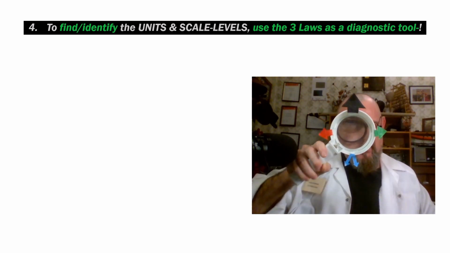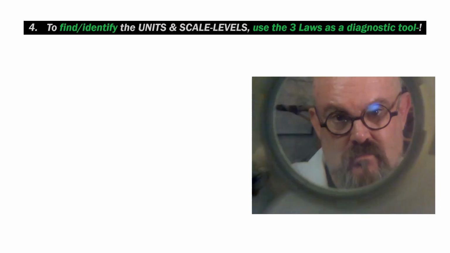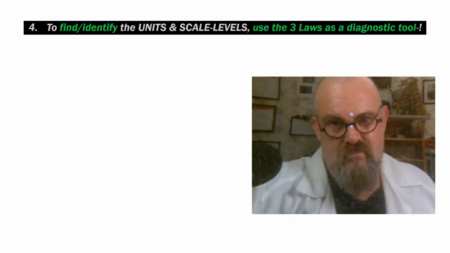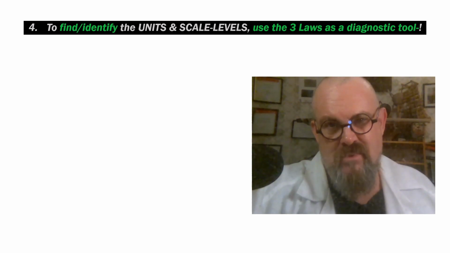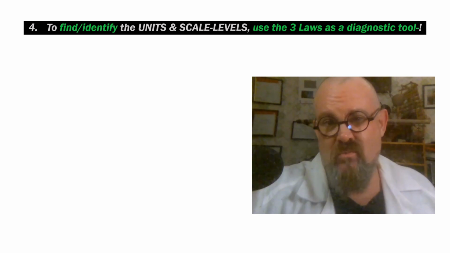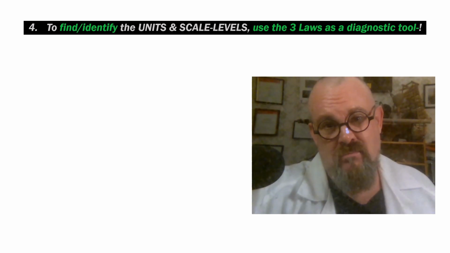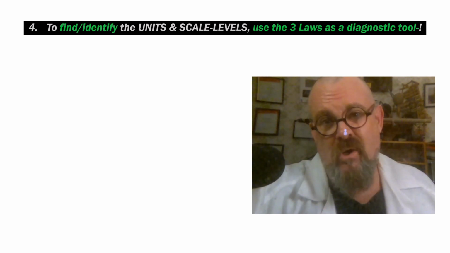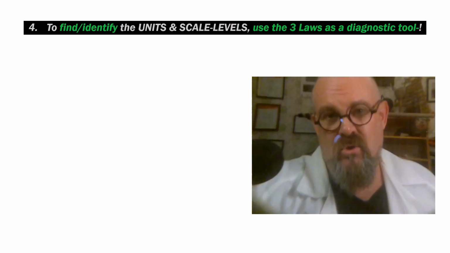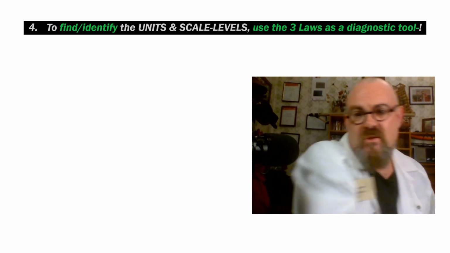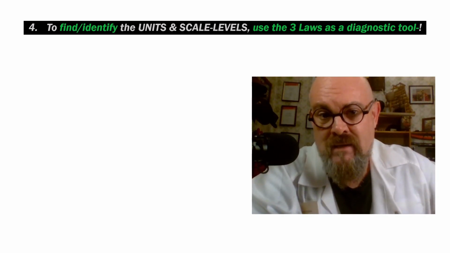If you use that tool to find things, whether it's a book, chapter, paragraph, sentence, word, letter, or a cell, organ, organ system, organism, superorganism, biome, biosphere, etc. You can use these three laws as a tool to find the units in any domain.